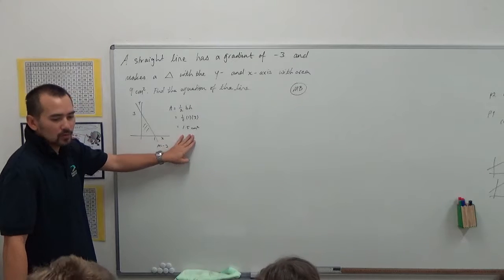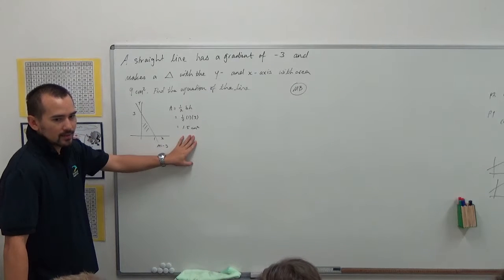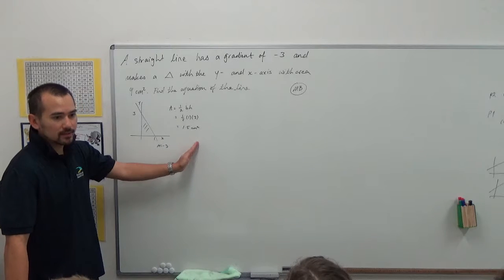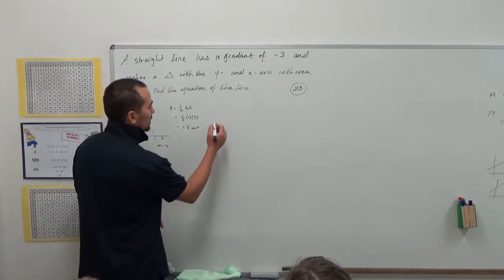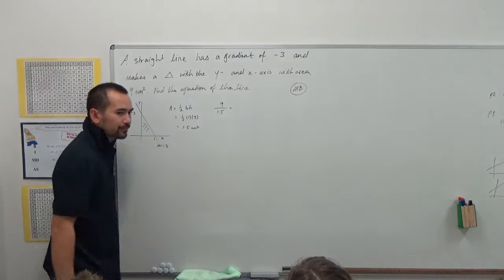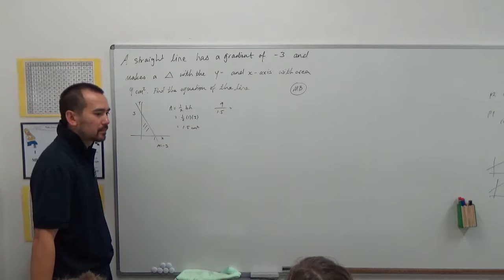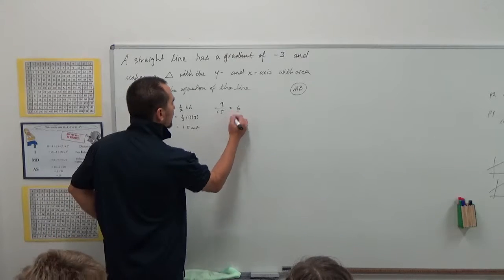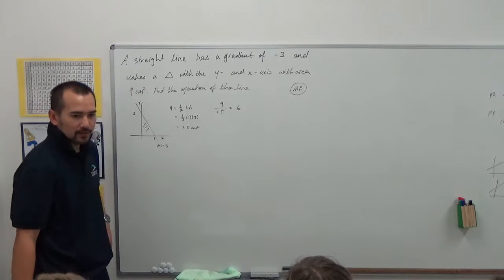So how many times greater do I need this answer to be to make 9? 9 divided by 1.5 is 6. So I need my answer to be 6 times greater.